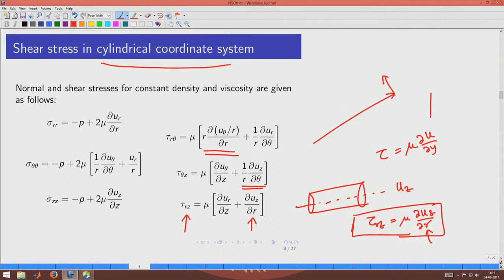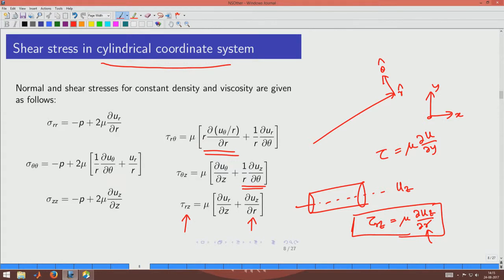In the rectangular coordinate system they are defined in this manner and they are stationary, whereas in the case, for example, of x and y, the y is stationary. In the cylindrical coordinate system the y axis, which is the theta axis, is actually pegged at the end of the r axis, and it would move around as you relocate the r. So, that is how you see that there are additional terms that will be coming in, and you have to pay attention to that when we use these expressions.